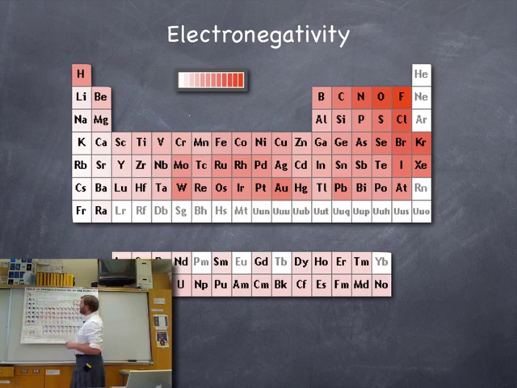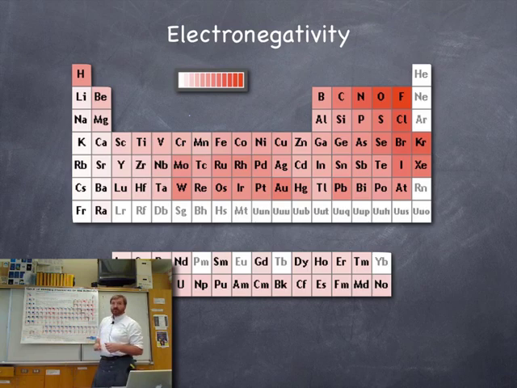Okay? But if you tip over a little bit further, for instance, if you look at something like oxygen with lithium, lithium has a value of about 1, then we have a difference of 2.4, 76% ionic character. Well, lithium oxide is a completely ionic compound. Okay?